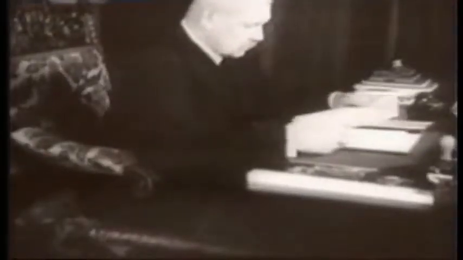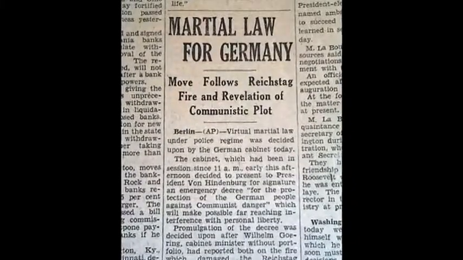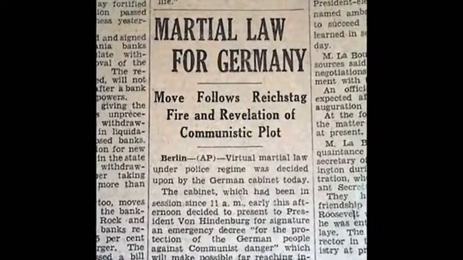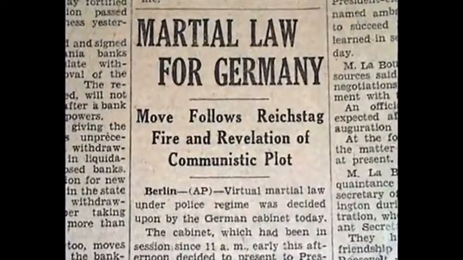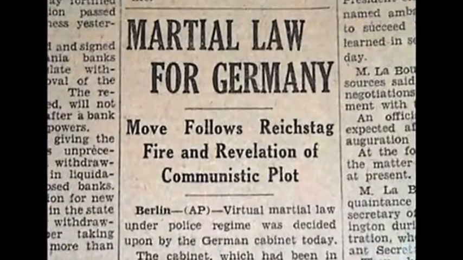Hitler used the fire as an excuse to seek emergency powers from President Hindenburg, which were granted under Article 48 of the Constitution. Consequently, many members of the Communist Party, who just so happened to be the Nazis' main opponents, were arrested on Hitler's orders.